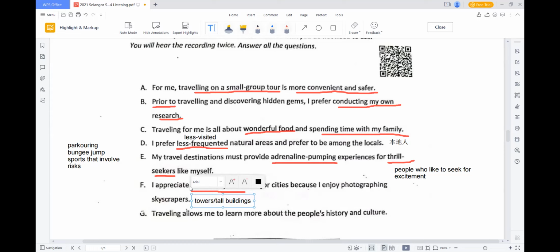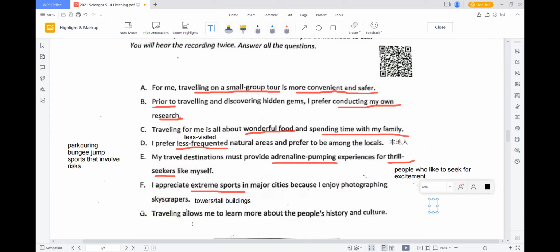So this person loves doing those photographing, okay, extreme sports. So photographing tall buildings, I guess maybe the person had to stand on a very dangerous area. Maybe he has to position himself to a certain angle, maybe. So that is also considered extreme sports.